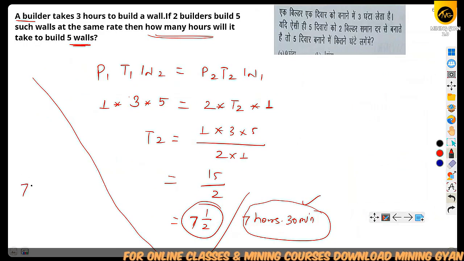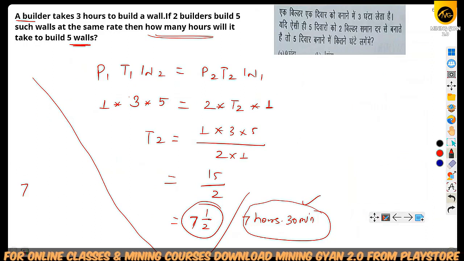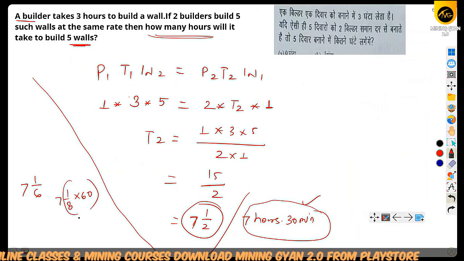So basically if you want to convert the mixed fraction into hours and minutes, 7 hours, that is clear. Now to convert the 1 divided by 2 into the minute portion, we already know 1 divided by 2 means half an hour, that is 30 minutes. But suppose it's like 1 divided by 6 or 1 divided by 8, then you just have to multiply by 60 in this portion and you can find out the number of minutes.